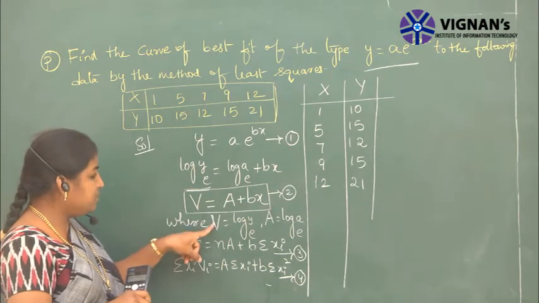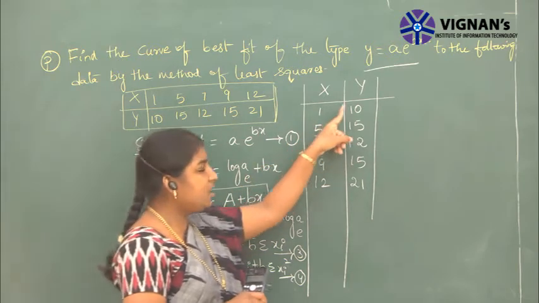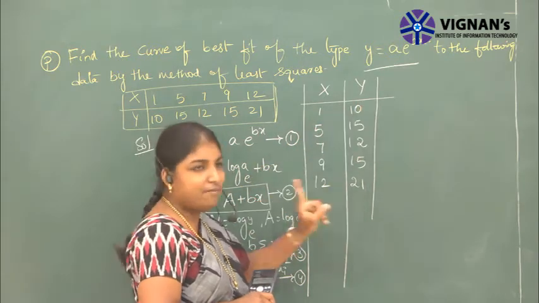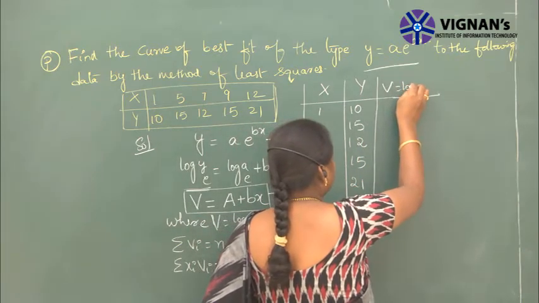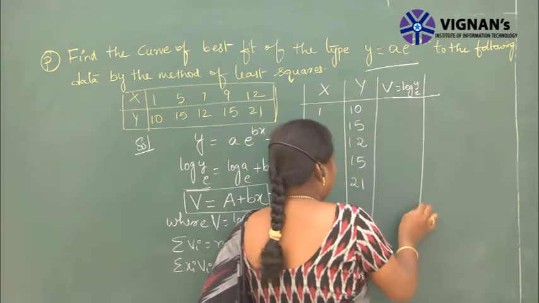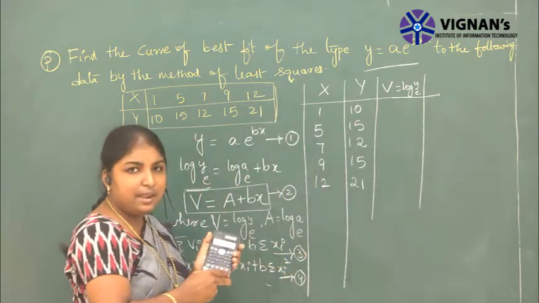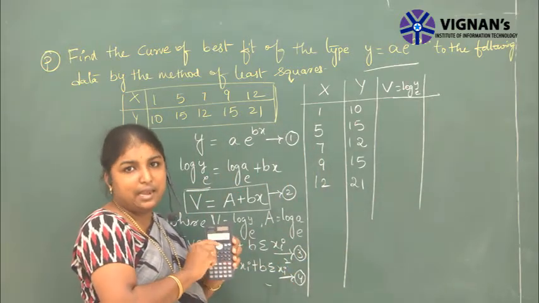Next, here we want V. V means log y, so we are taking log base e of the y values to get the V values. V is equal to log y base e, which in your calculator is the ln value.